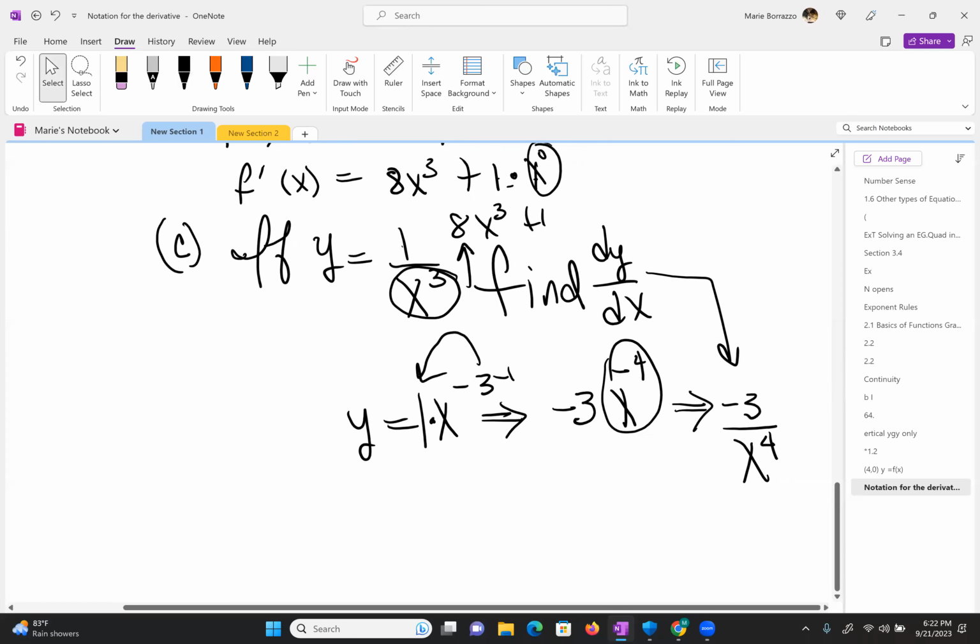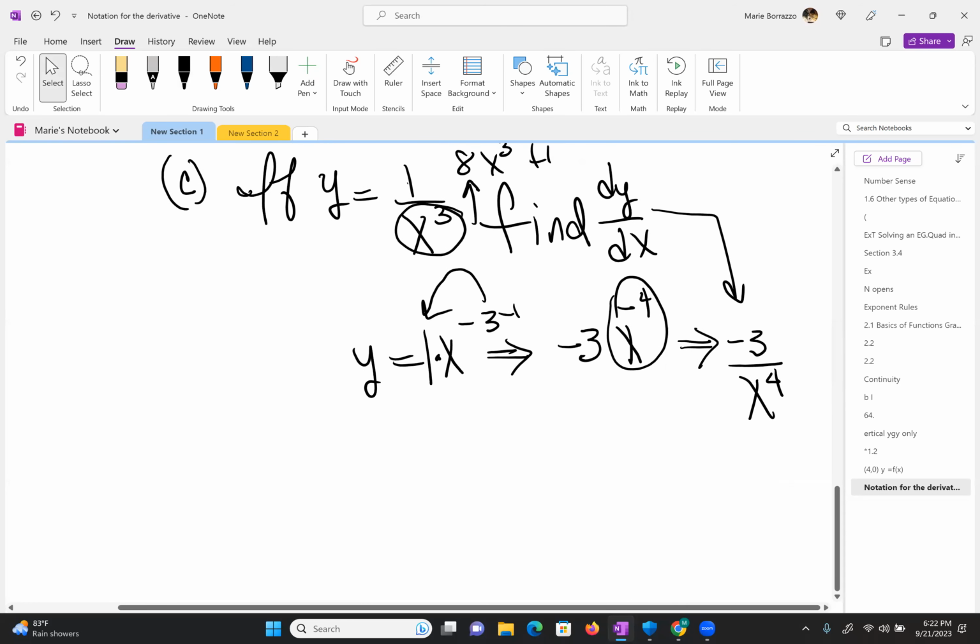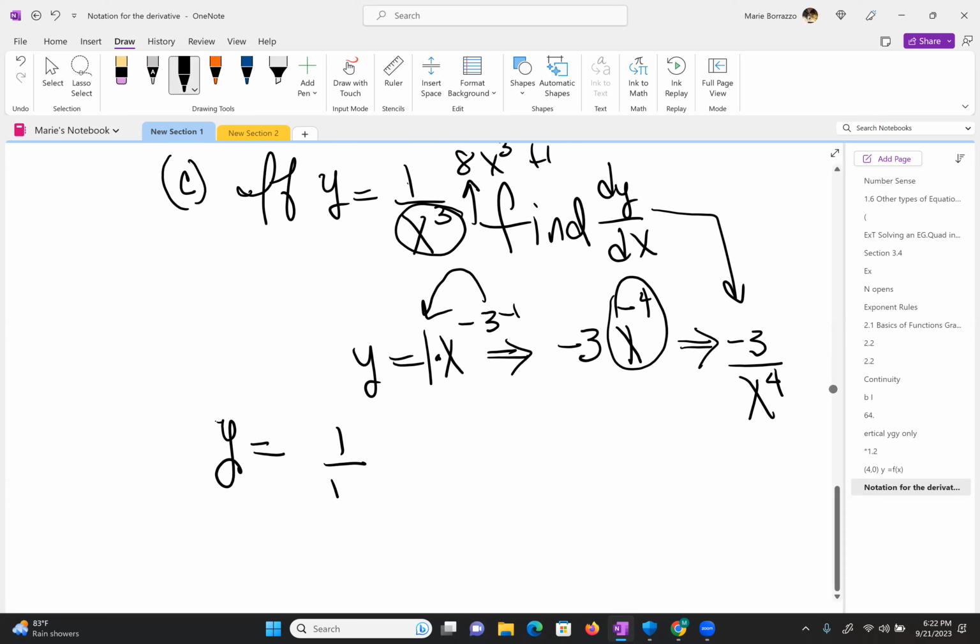Let's do a few more of these. Make sure you understand the process. So let's try, if I said to you I have y equals 1 over x to the 5th. Let's leave it as positive. So okay, what's the first step and how do we do this? We write it as x raised to minus 5. Yep. So this becomes x to the negative 5th.